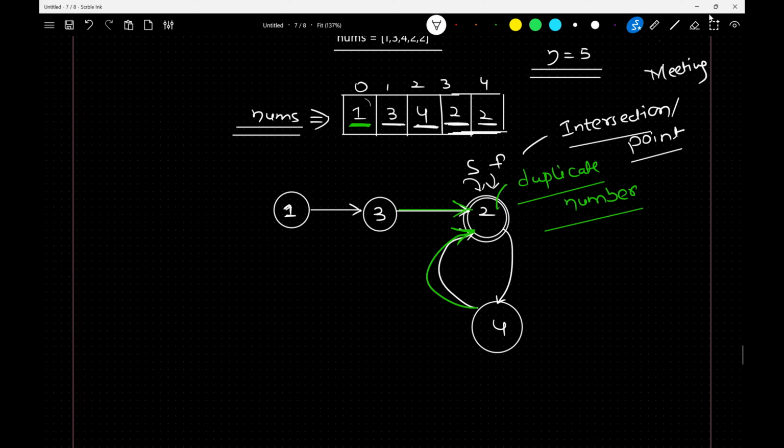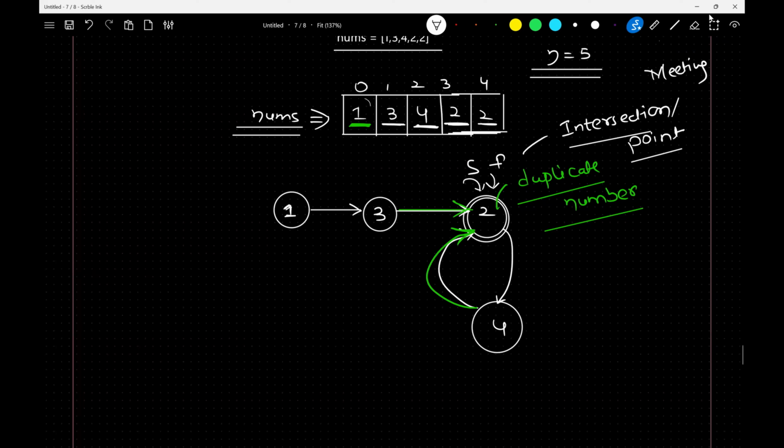Now, the question is how we can optimize this. I believe, if I were to give a ratio, 98% of the audience is already aware of the first approach which I have talked about, and I think you can easily implement that as well. The second approach is something interesting, where we want constant space complexity, and that's where the concept of Floyd's cycle detection algorithm comes into the picture.